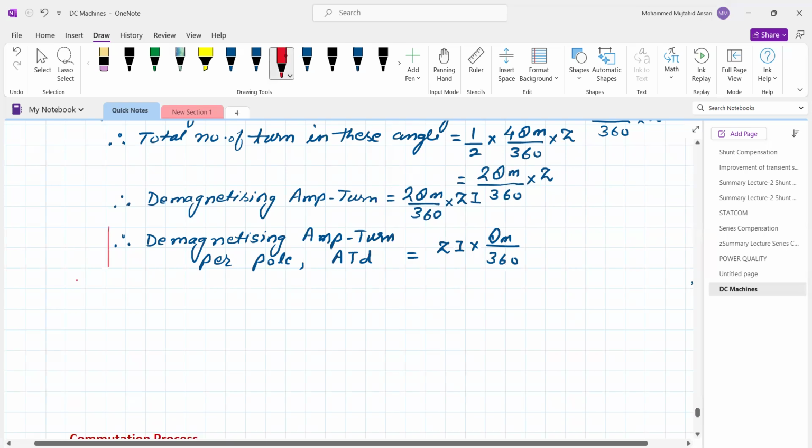It means that the number of ampere turns that are responsible for producing the demagnetizing effect is this much.